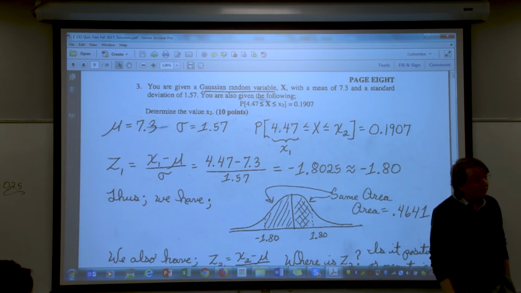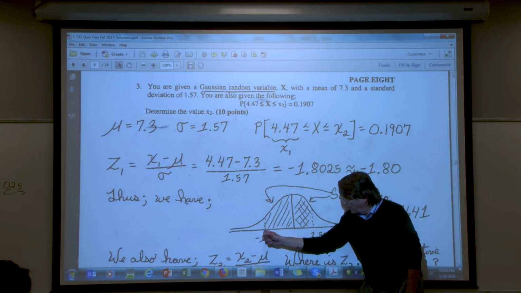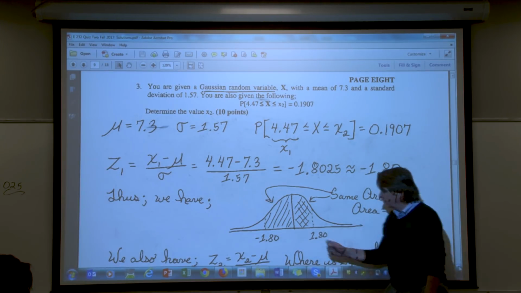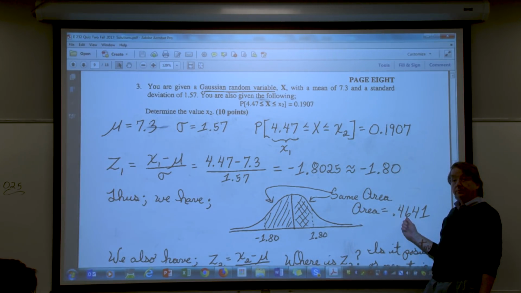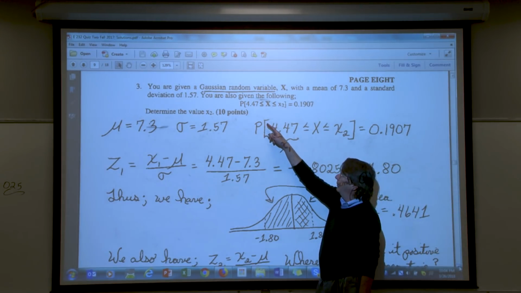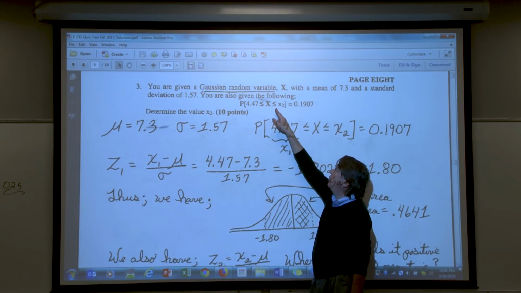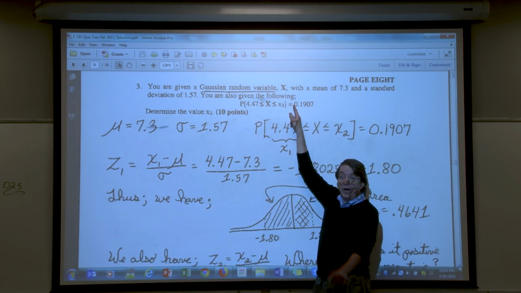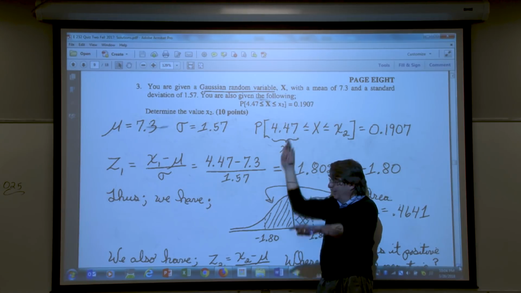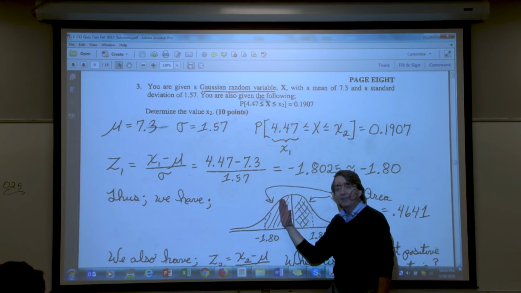Exactly right, Ryan. Let me say it again. The area from minus 1.8 to 0 is 0.4641. Notice the area from minus 1.80 on the z-axis to an unknown number, 0.1907, that's smaller. So therefore, that upper number is somewhere here.